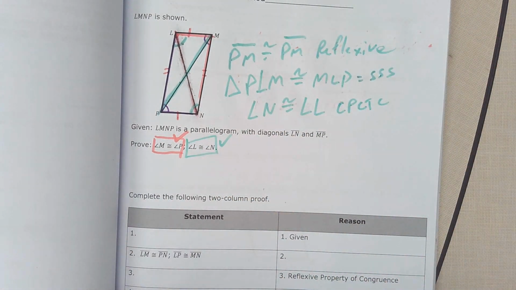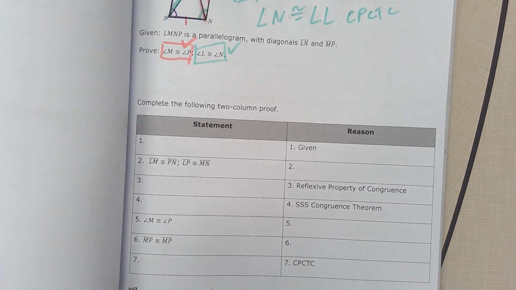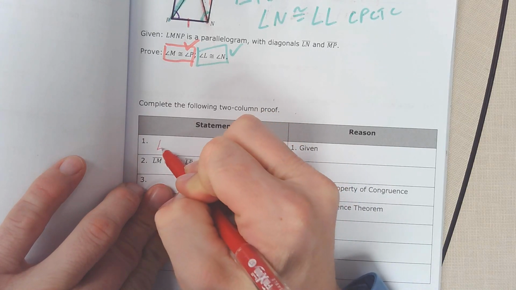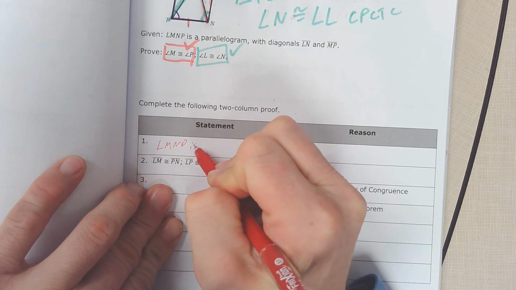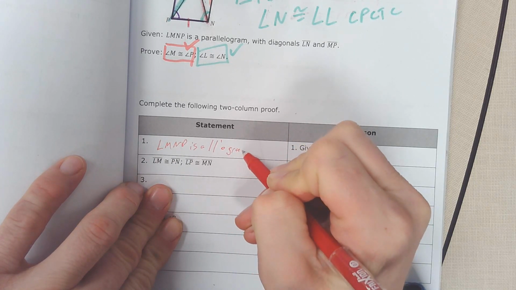So that's all done. Now I'll fill in the table down here with what I've shown. This was given: LMNP is a parallelogram.